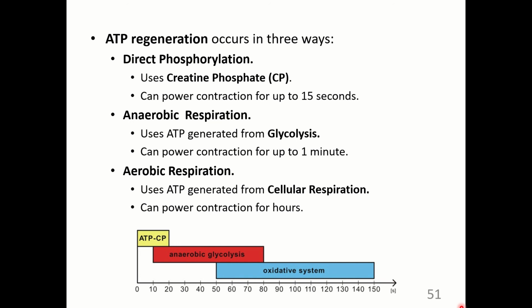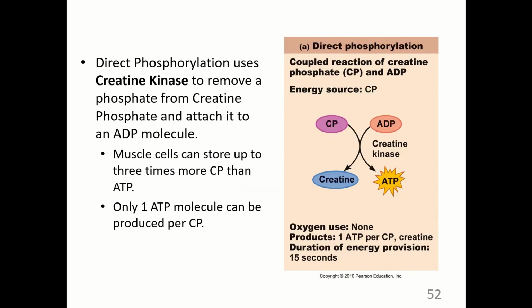As long as there's plenty of oxygen available, plenty of energy nutrients available, plenty of mitochondria available, then we can continue to regenerate ATP. So this is basically what keeps you alive, is the aerobic respiration. That's why we need to breathe oxygen. So let's look at each of these in a little more depth.